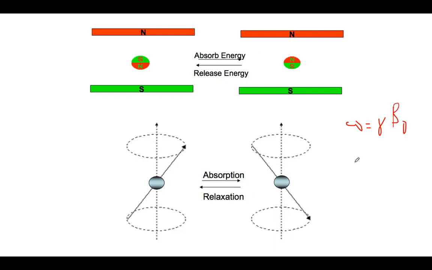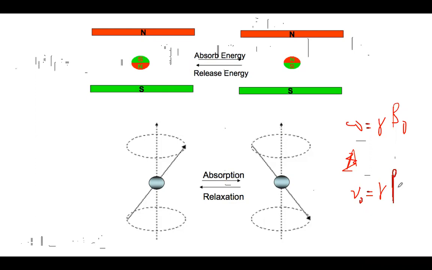And then we had the Larmor frequency, which was equal to the gyromagnetic ratio times B0 over 2 pi. So this can be flipped on the absorption of that energy, and then of course it relaxes or releases energy to go back to the original state.